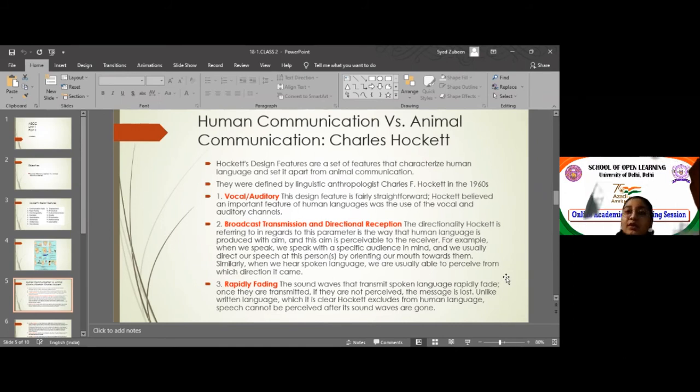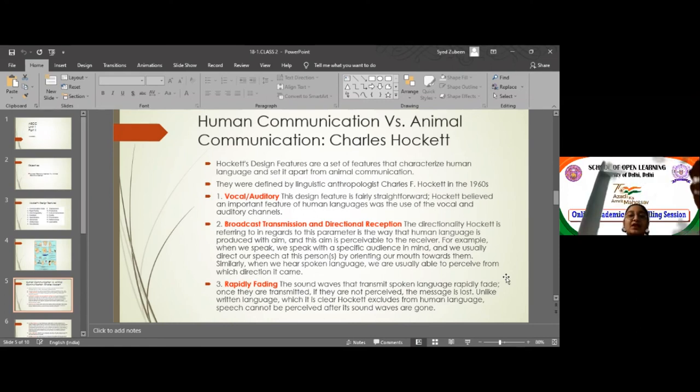The first is the vocal and auditory. What does vocal and auditory infer? This design feature is fairly straightforward. Hockett believed an important feature of human languages was the use of the vocal and auditory channels, the way we use this larynx, right?